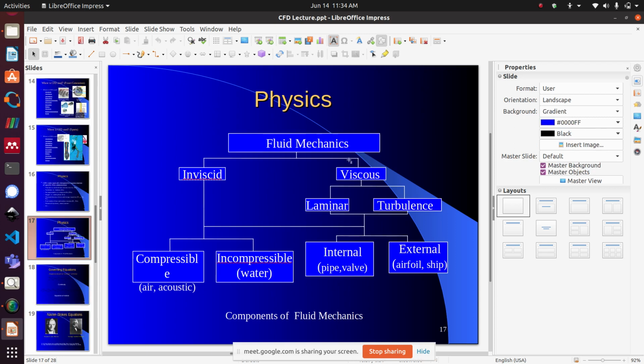Let's move on. And this is a basic classification when it comes to physics. You have inviscid flows and viscous flows. It can be laminar or turbulent. It can be internal flow or external flow.